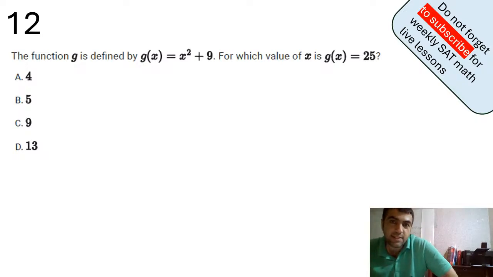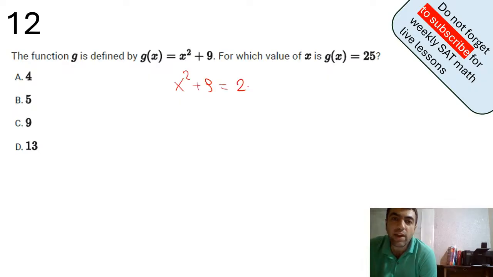What is the g of x? Mr. Saif says it is A. Let's have a look. X squared plus 9 is equal to 25. Okay. If it is plus at the left side of the equation, it should be minus at the right side of the equation.